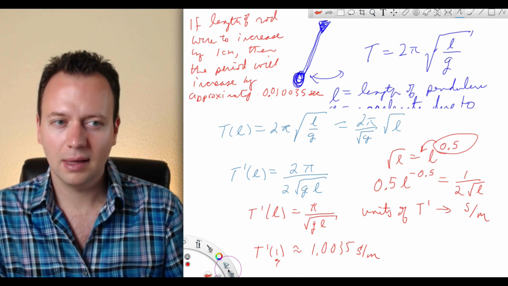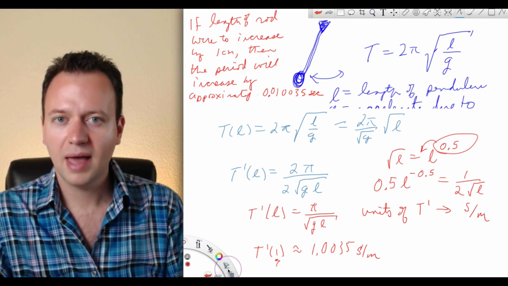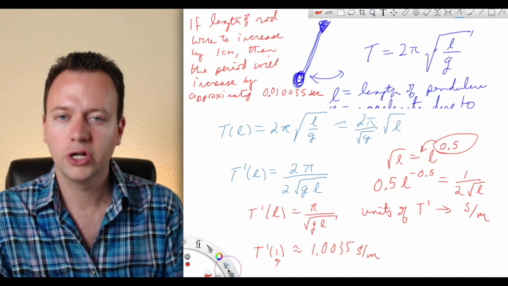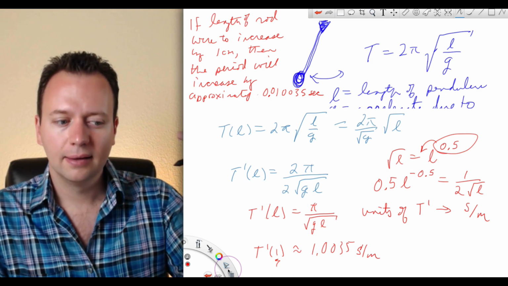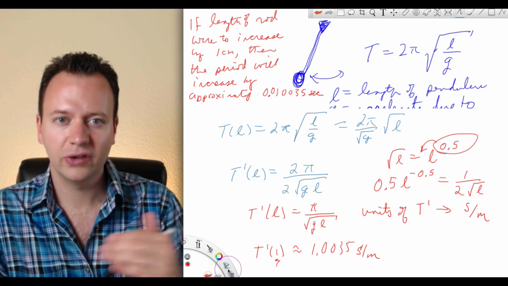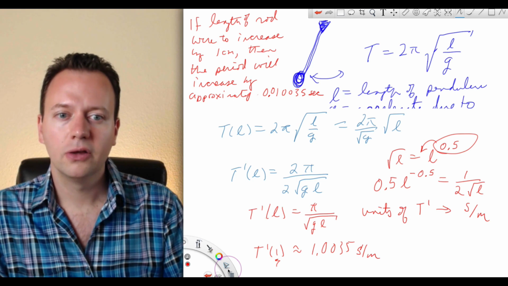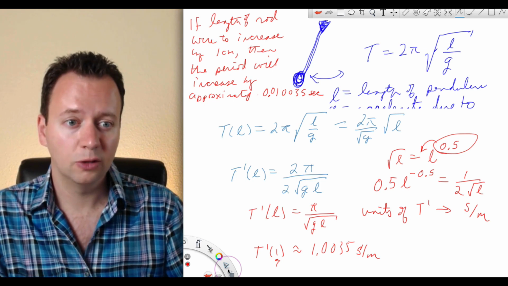Not that it would be noticeable, but you might ask the question, well, how much will the period change if I put this pendulum clock at the top of a mountain versus at sea level, right? So there at the top of a mountain, your gravitational acceleration will be a little bit different.